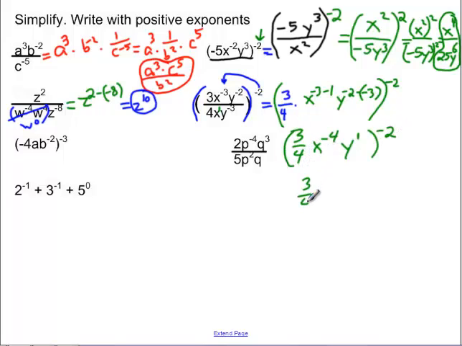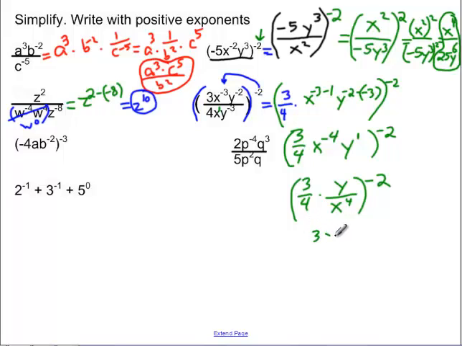This would be 3/4 times y to the 1st power, or just y, because that stays up above, divided by x to the fourth. X to the negative fourth power becomes x to the fourth power on the denominator side. And again, this is still to the negative 2 power.